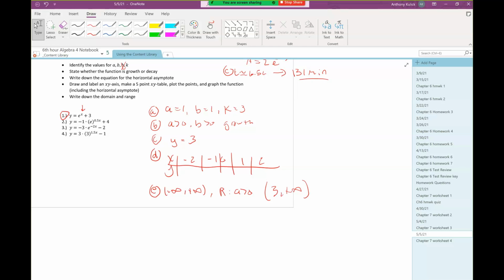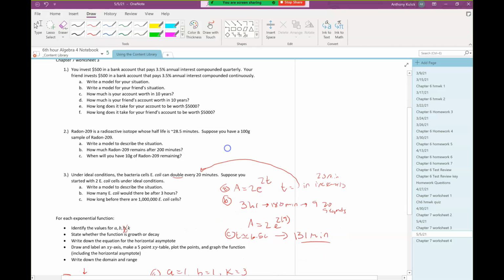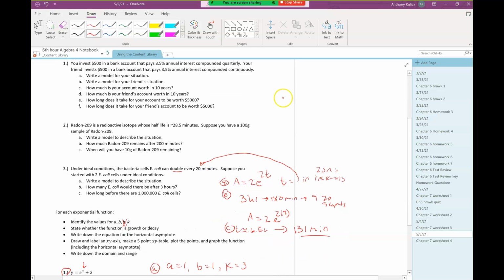Which number 2? There's 2 of them. The first one. So the model, again, I'm going to be using the model with the e in it. So I have a equals, the initial amount was 100.